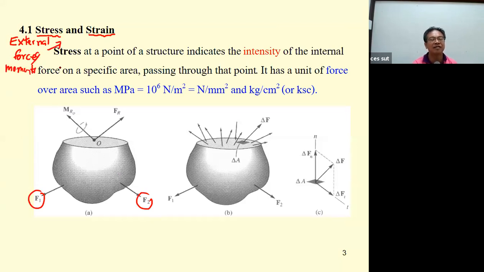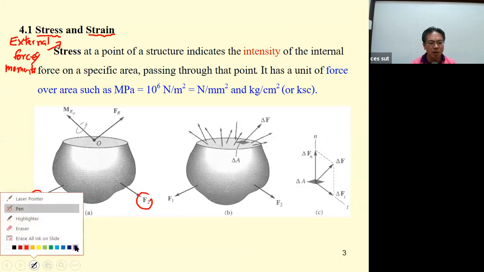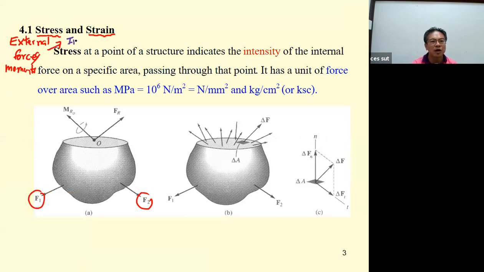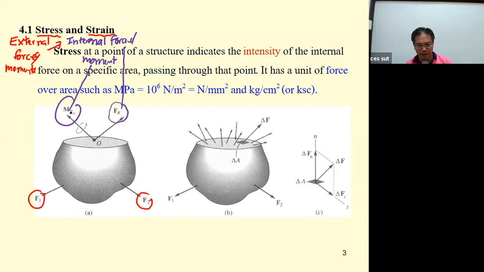In some cases, it will also produce internal forces and moment. For example, this is the resultant internal force, and this is the resultant internal moment.